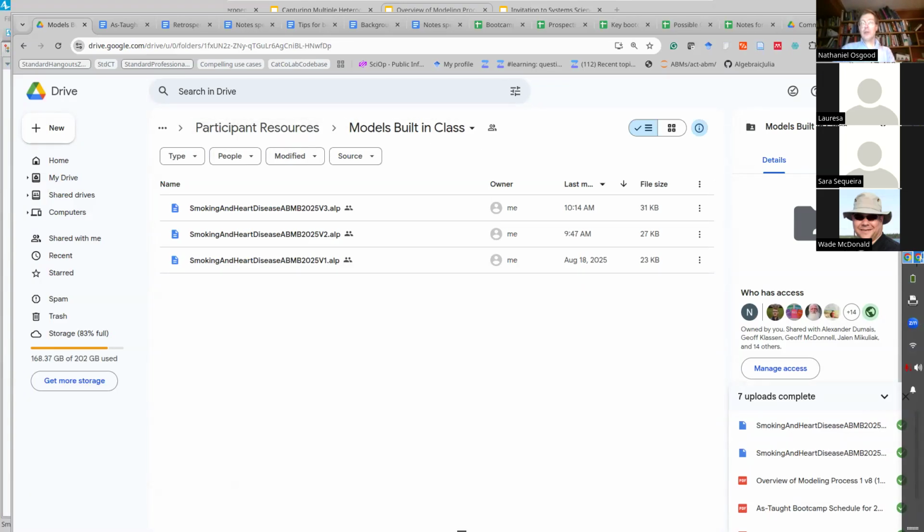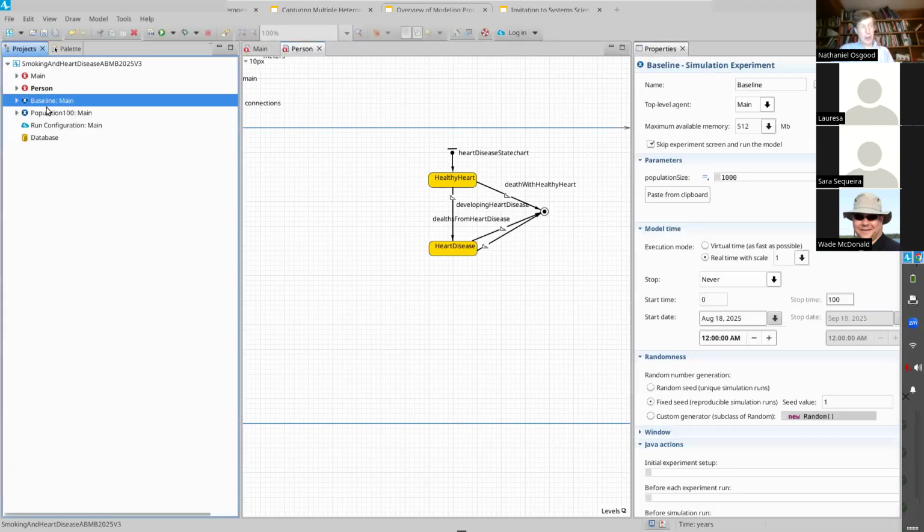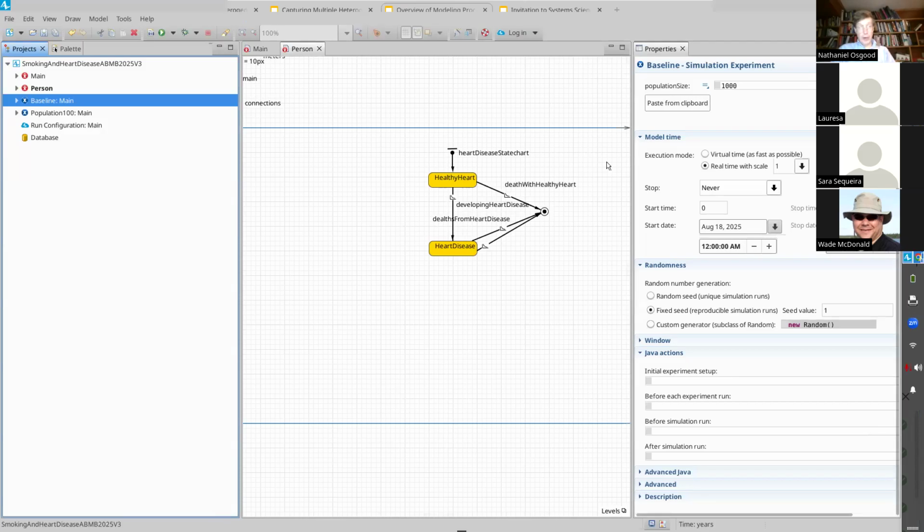Does the simulation continue? The simulation continues right now indefinitely. It's a good question, but if you go to a given scenario, the scenario state says how to run the model. And right now, the model time says never stop. So it'll keep going.